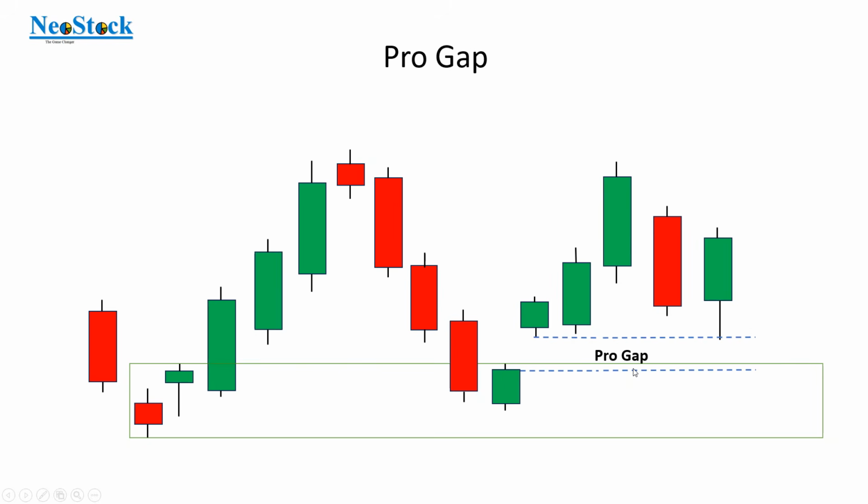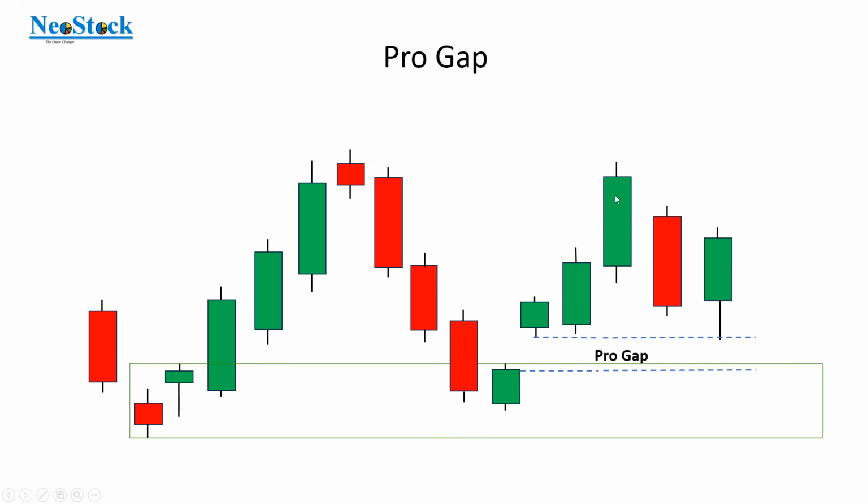Okay, and here is another approach to deal with professional gaps. Suppose when prices entered into this zone, we have a supply zone here. We have a beautiful rally candle, then a base candle, and then a drop candle, which created a supply zone. So next time when prices enter the supply zone, look into this candle. In a supply zone, what kind of trades should we take?